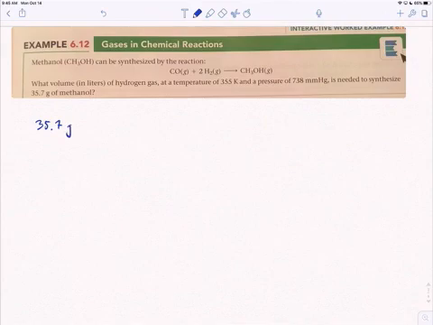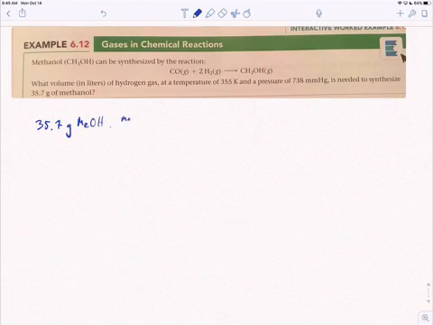35.7 grams of methanol, MeOH. Me is methanol, OH is alcohol. So let's see here. Carbon's 12 plus oxygen is 16, hydrogen is 4. That's 32.